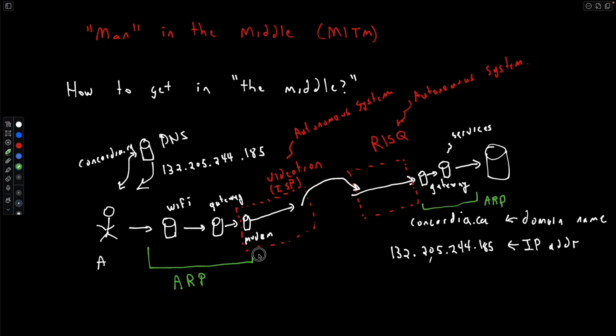When I'm inside of Videotron or inside RISC, they have their own protocol. It's usually hardwired. They spend a lot of time configuring their routers, so their routers know exactly which routers to talk to. They don't try to discover other routers. It's all hard-coded.